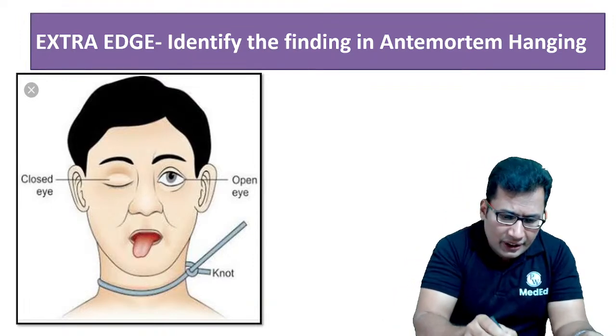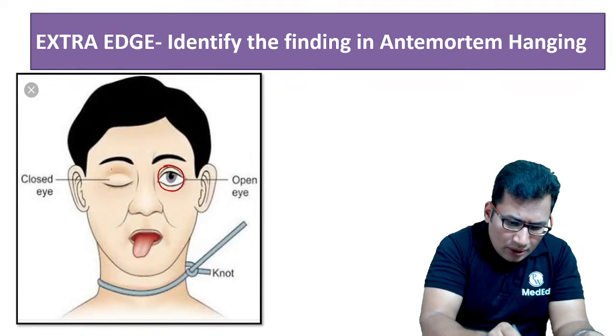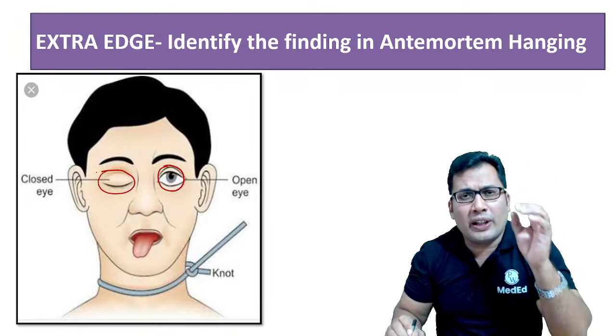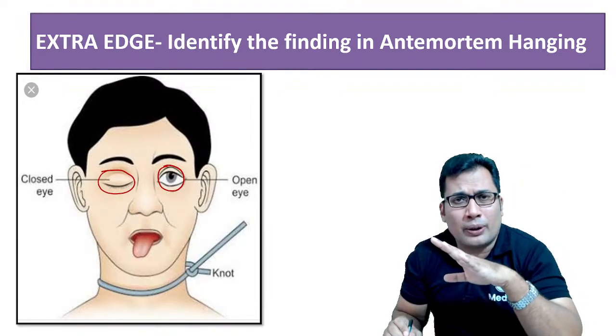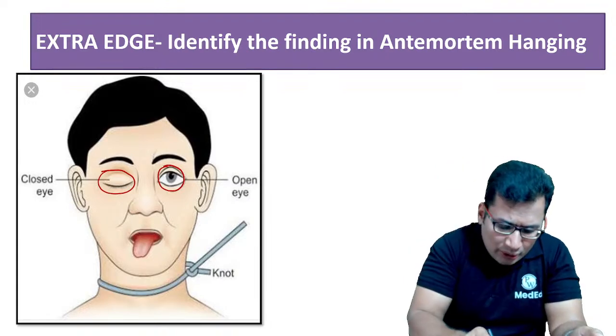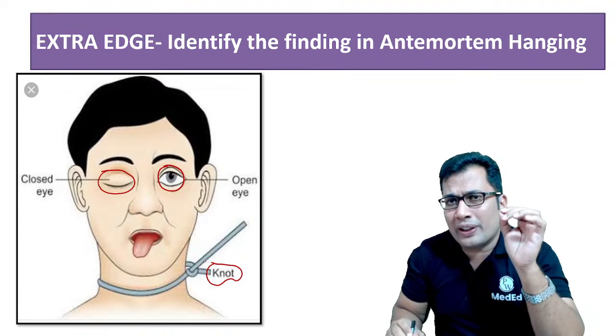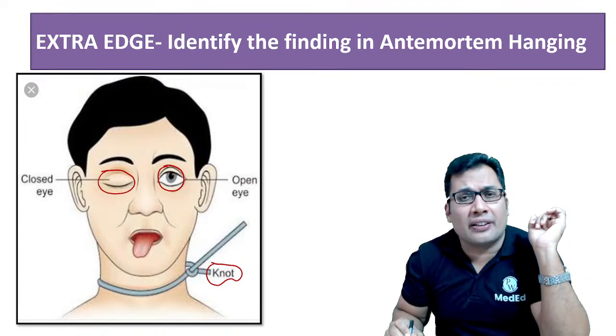Here, what you can see is one eye is closed, the other eye is open, and the pupil is more dilated. It is because of compression of ligature material over the cervical sympathetic chain.